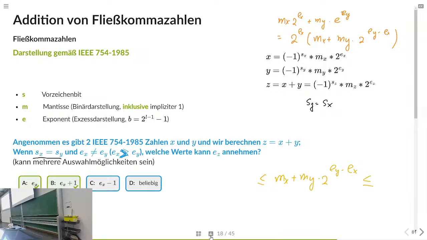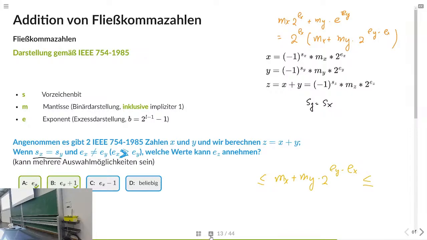Ich meine, das ist verständlich, wenn diese x und y gleich sind. Aber wenn x größer als y ist, dann warum auch x? Das ist ein bisschen counterintuitiv.